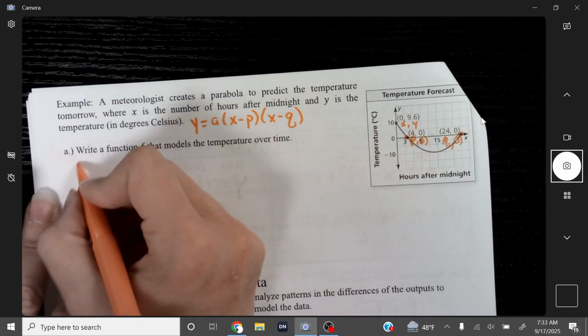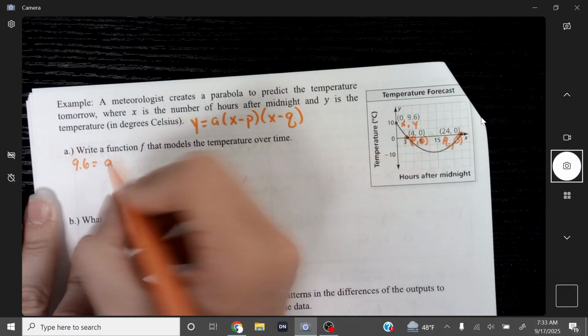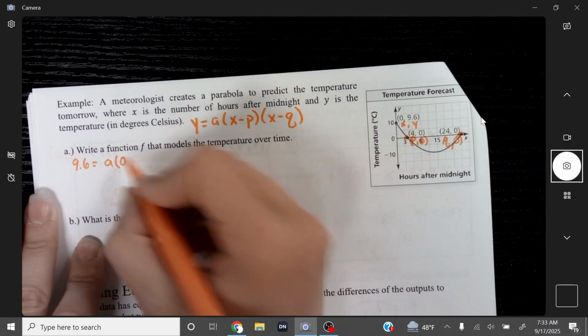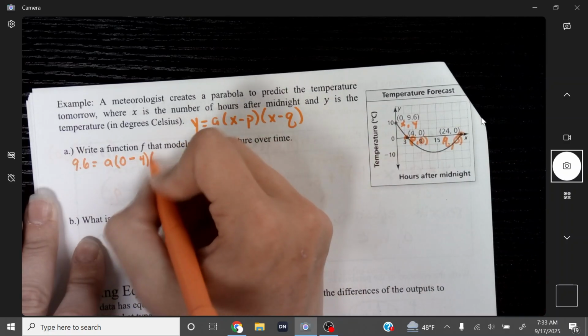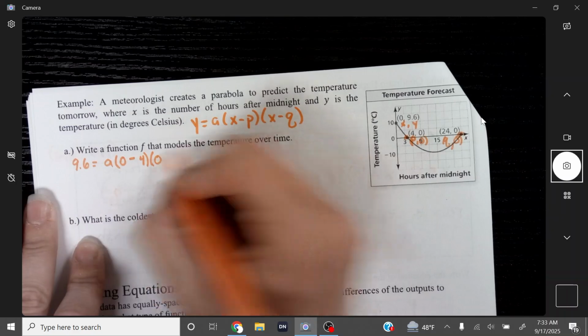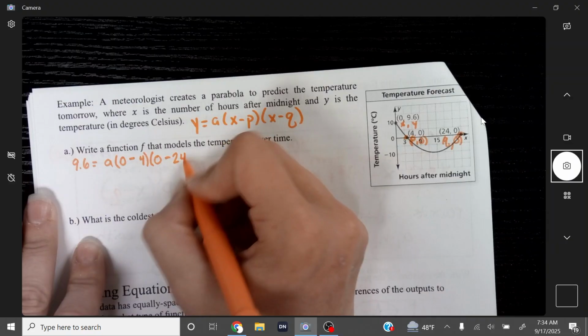Our y is 9.6. We don't know our a, that's what we're solving for. X is 0 minus p, which is 4. And then we have x, which is 0, minus q, and q is 24.